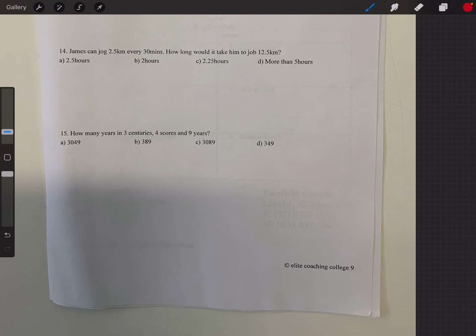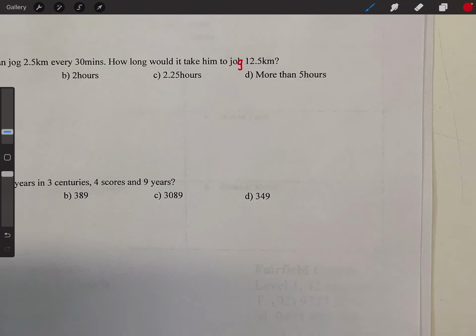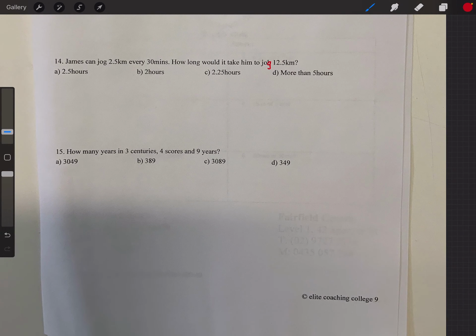Question 14. James can jog 2.5 kilometers every 30 minutes. How long would it take him to jog 12.5 kilometers? Okay, so suppose he doesn't get tired. We've got 2.5 kilometers for 30 minutes. Now, I want to travel a distance of 12.5 kilometers.